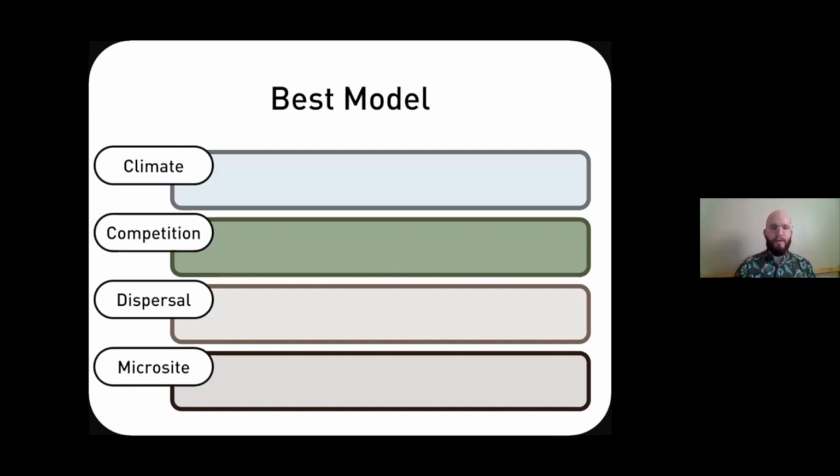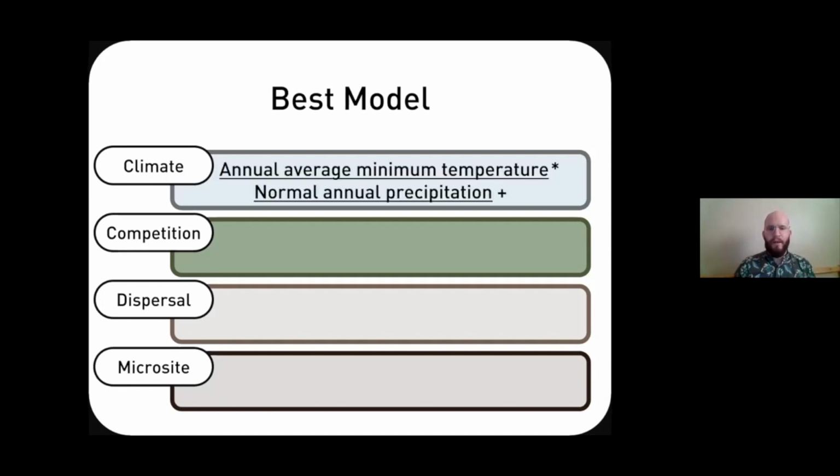factors came out for each of these 4 domains. For climate, annual average minimum temperature interacted with normal annual precipitation to affect seedling density. For competition, shrub cover, which is much more like shrub productivity, interacted with whether it was planted or not, and interestingly, how many years after the fire it was planted.